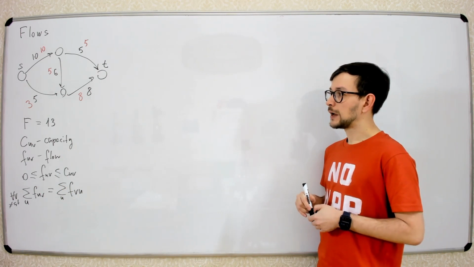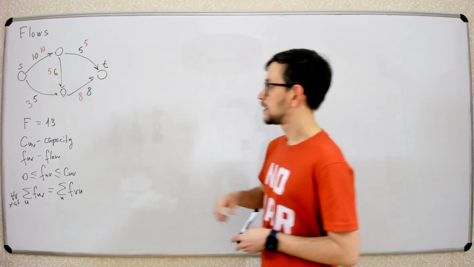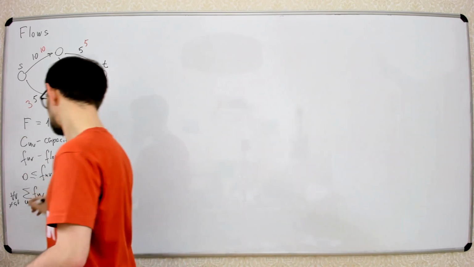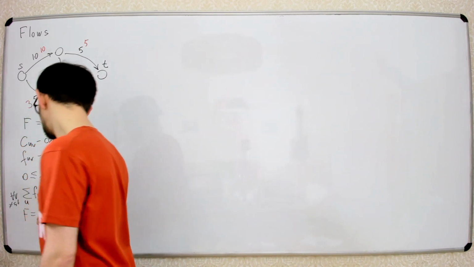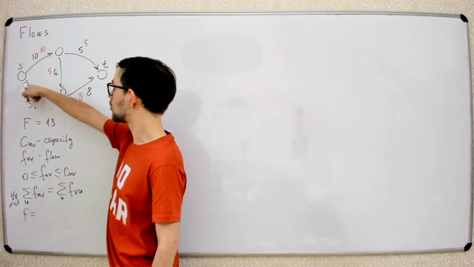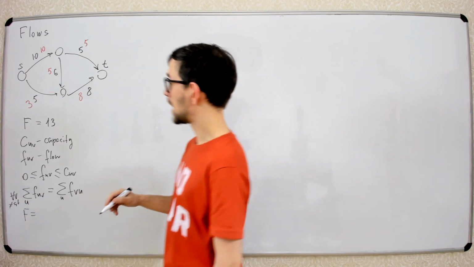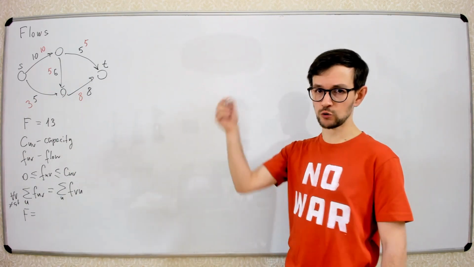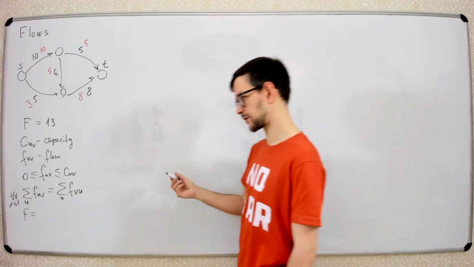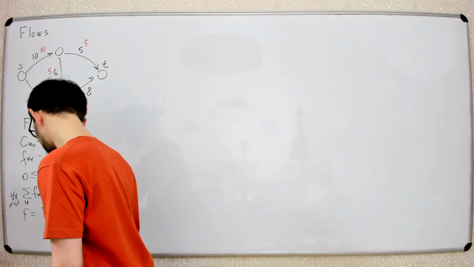Now, the value of the flow will be just the sum of everything going out of the source node. No, actually there can be edges going to the source node, so we need to subtract them. So let's do it carefully.